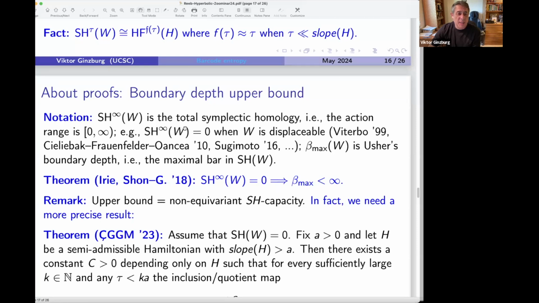It's known that the symplectic homology vanishes whenever the Liouville domain is displaceable in its symplectic completion. In essence, this is a theorem of Viterbo from 1999, and then it's been generalized or reproved many times, starting with Cieliebak, Frauenfelder, and Oancea in 2010, then Sugimoto in 2016, etc. So it's something that has been reproved many times in various forms.